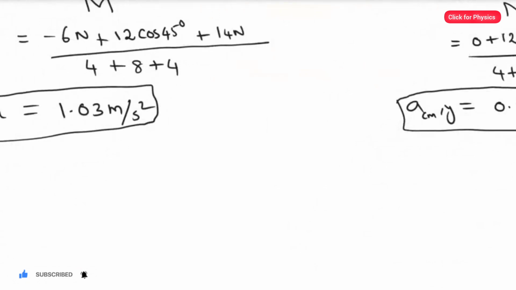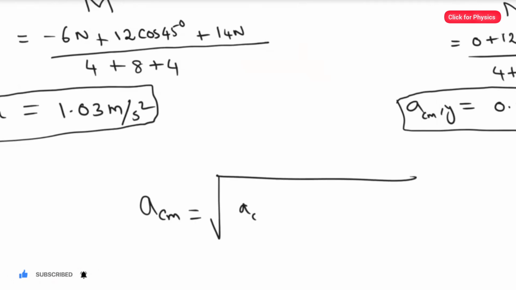So how to find the acceleration center of mass magnitude? As we already studied clearly in chapter number 3 vector for finding the magnitude, we can write the acceleration center of mass, which is equal to the square root of the acceleration center of mass x component square plus the acceleration center of mass y component square.